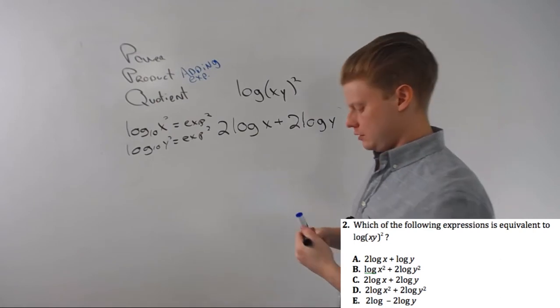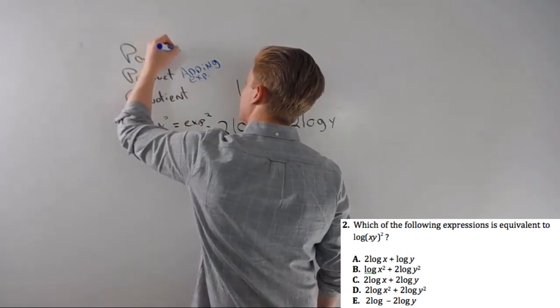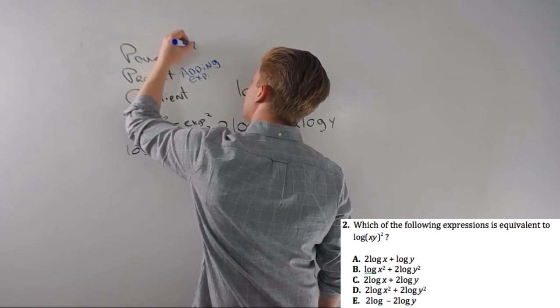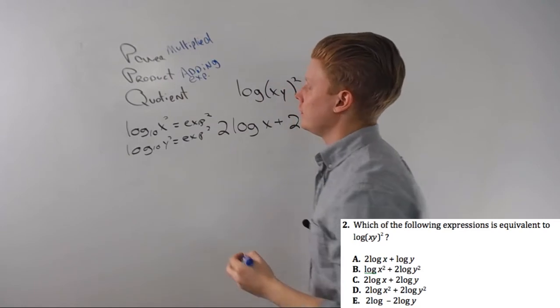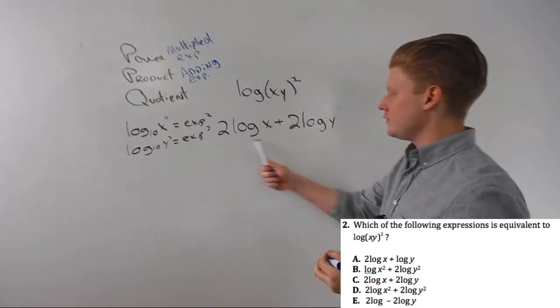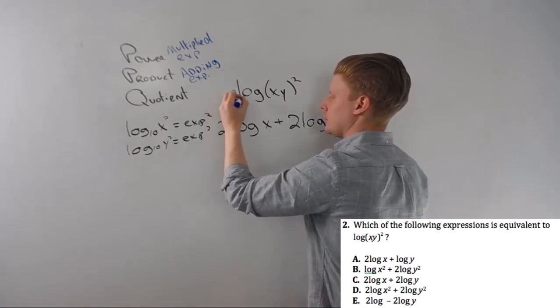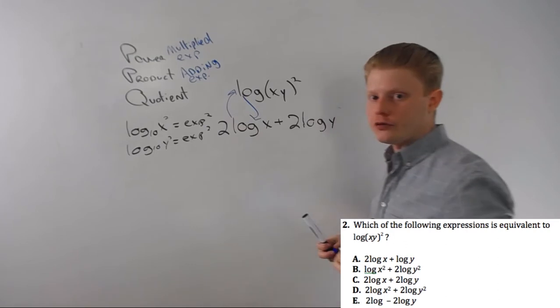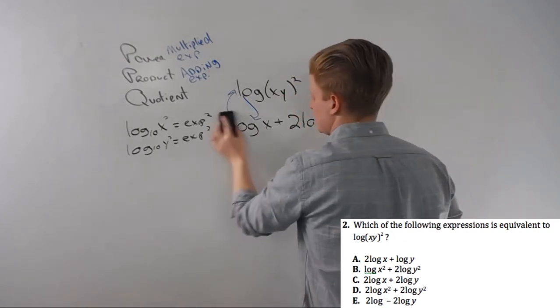It's really helpful. So what did I do? I multiplied. I moved that power down. Multiplied exponents. That's your answer right there. This is identical to that. Different form, same thing.